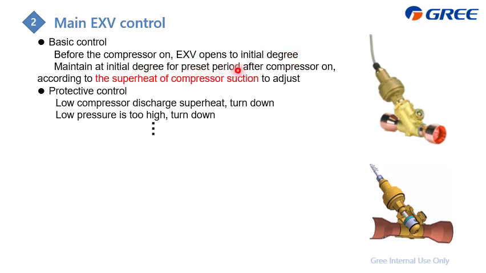After the compressor turns on, it will adjust the detailed opening according to the superheat of the compressor suction, because we have the low pressure and also the compressor suction temperature, so we can get the superheat of the compressor suction side. And the protective control is also to ensure the system is maintained in our desired range. For example, if we detect the compressor superheat is too low, we will turn the load down, which is to close the EXV.